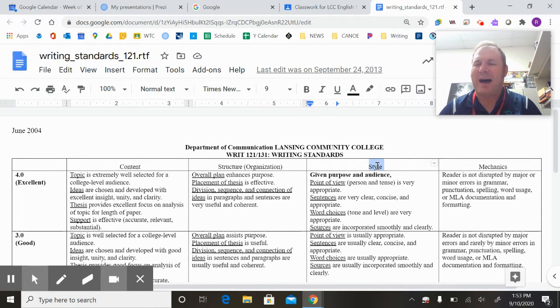Is the style appropriate? And really, that's about clear, concise expression, which a lot of the class is built around learning. And mechanics: am I following the standard rules of the English language, which are not easy to learn and often contradictory?